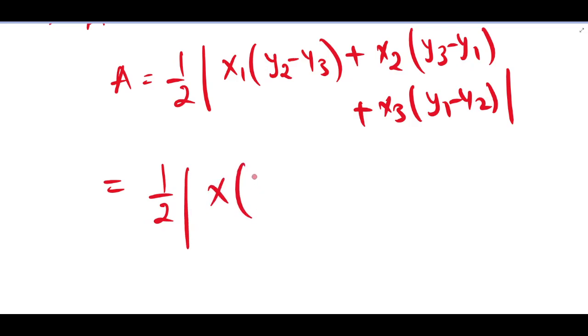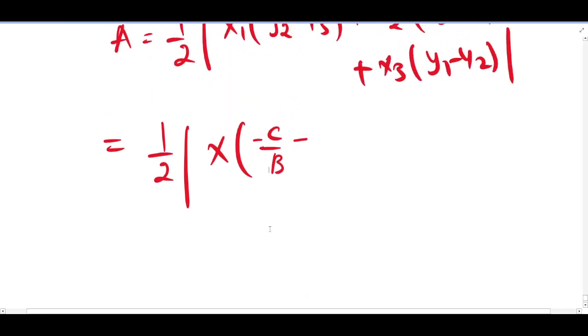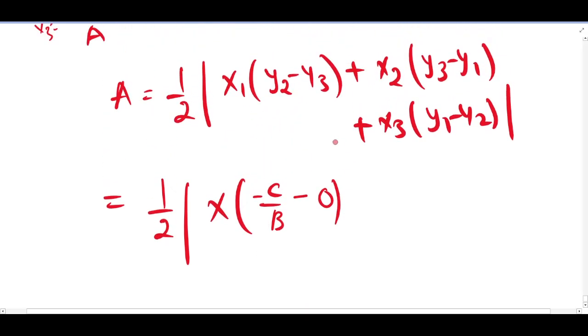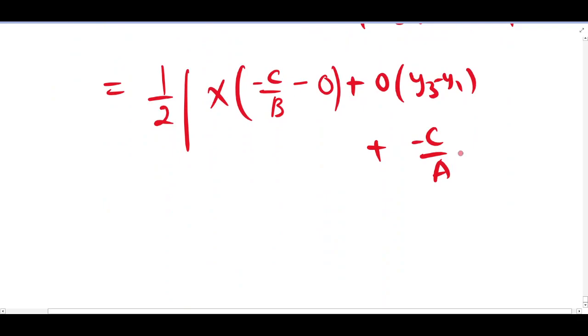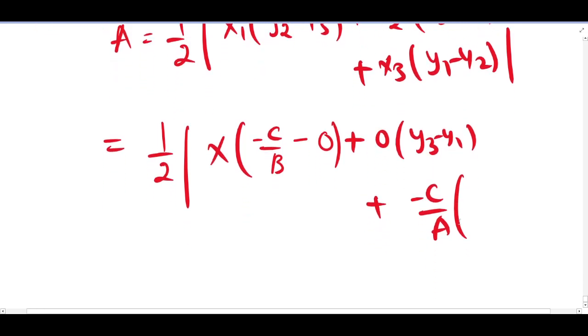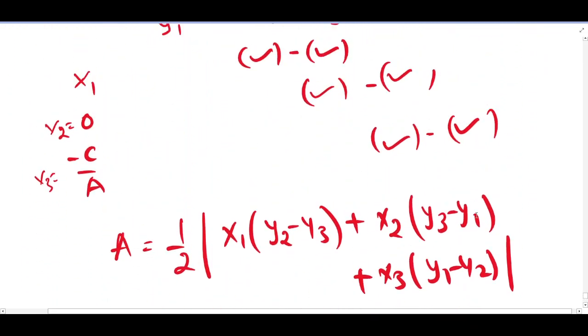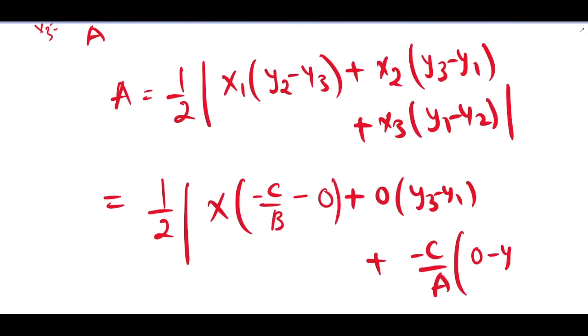So x1 is x, and y2 is minus c by b, y3 is 0, plus x2 is 0, then y3 minus y1, plus x3 is minus c by a, and y1 is y and y3 is 0, 0 minus y.